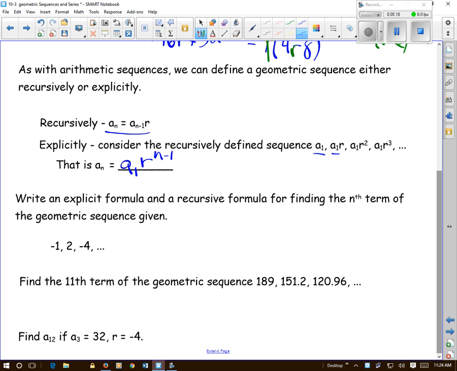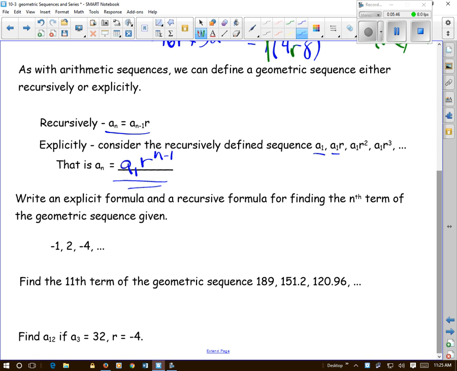So when n is 1, what are you multiplying the a1 by? r to the 0 power, which is 1. So that leaves the first term as just plain a1. So there's your explicit formula for finding a term of a geometric sequence.